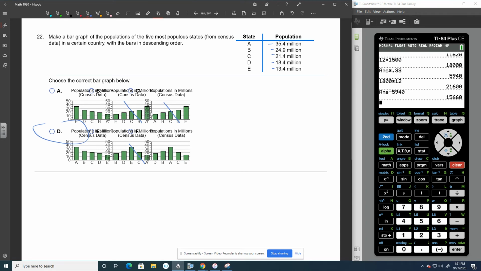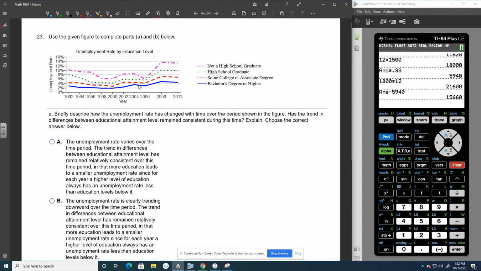On the homework assignment, the review, there's a little button that will let you click on it, and it'll actually blow up the image so that you can see it better. Anyway, right here, here's the other reason why we want D. It's a bar graph of the populations of the 5 most populous states in descending order. So it wants them going biggest to smallest. Anyway, moving on.